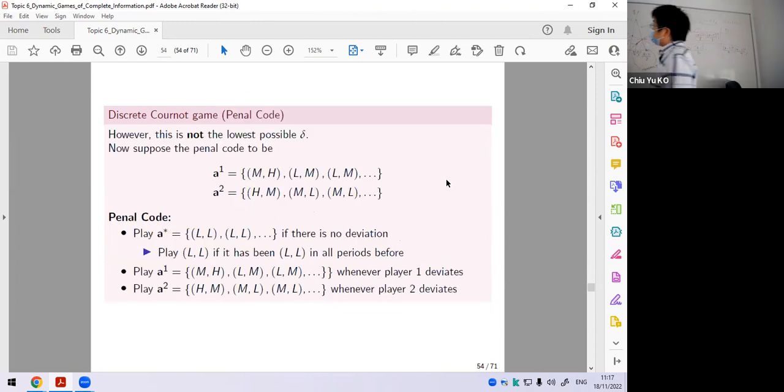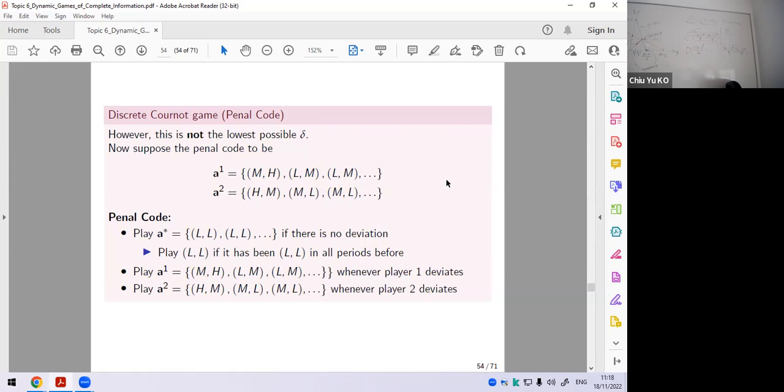How can we do that? I'm not going to the detail, but let's see what the strategy is to support this. The idea in the Nash reversion, going back to Nash, is that regardless of who does the wrong thing, we punish everyone as a punishment.